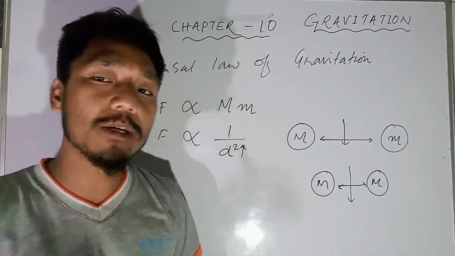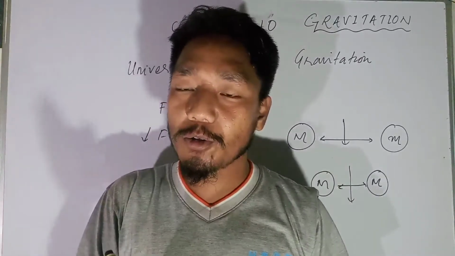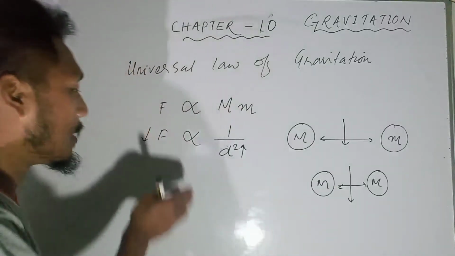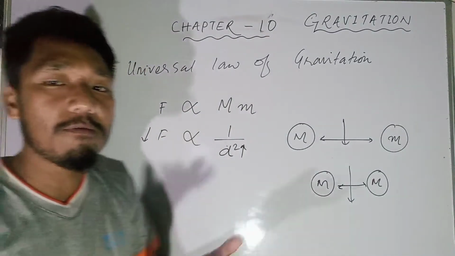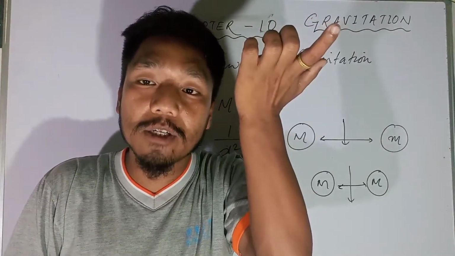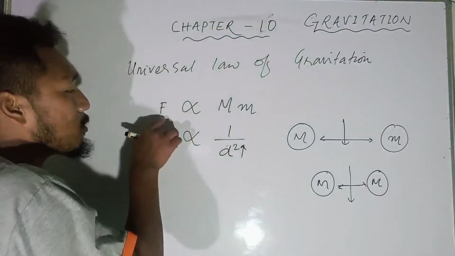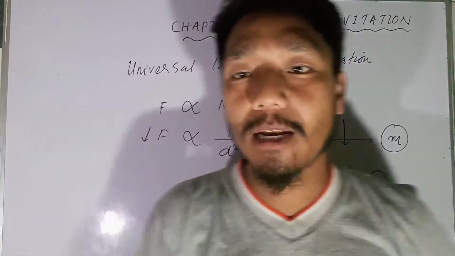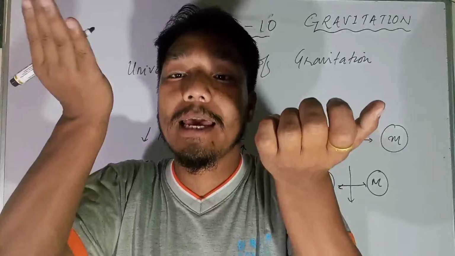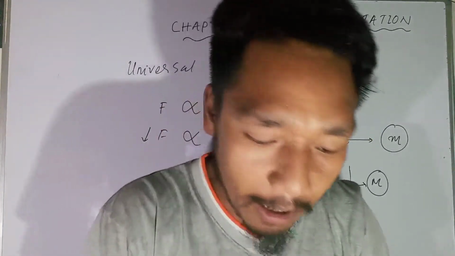Inversely proportional means if one quantity increases, the other quantity will decrease. But directly proportional means if one quantity increases, the other quantity also will increase. That is what we say about the gravitational law.